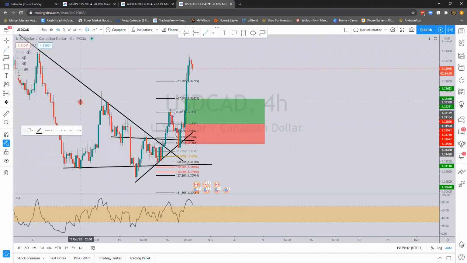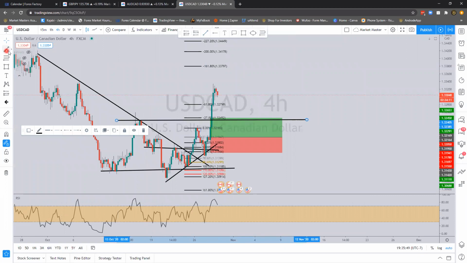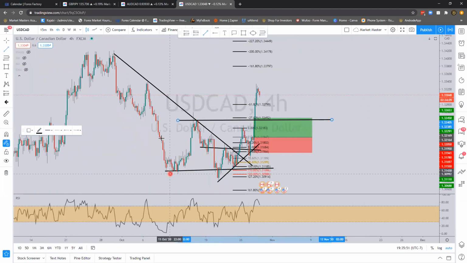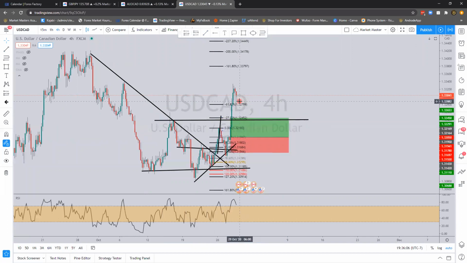The reason why I aimed for this area as the target was because you can see it giving a left shoulder, head, right shoulder right here, with the neckline being this trend line. Usually from there, you see it break and then hit all the way up there, which it did.